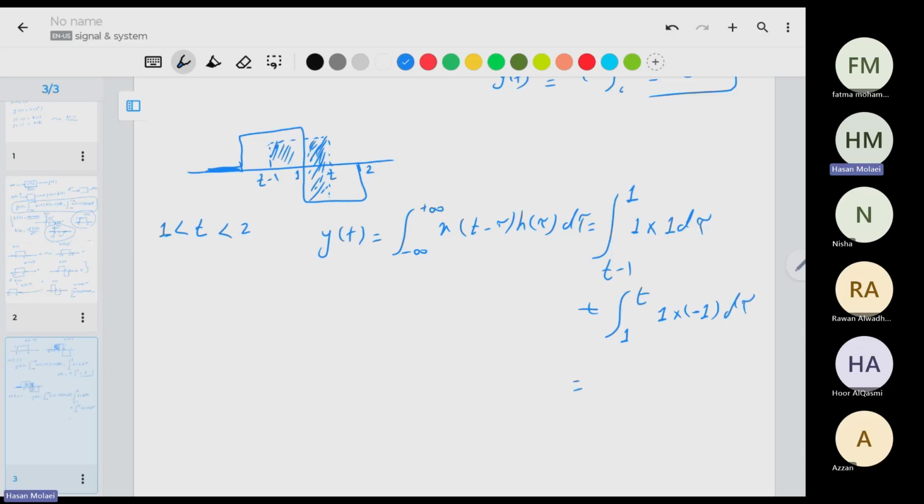So it would be 1 minus (t minus 1) plus 1 minus t, which is 3 minus 2t.